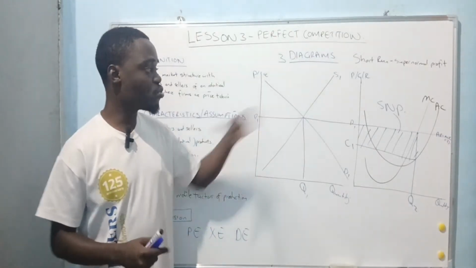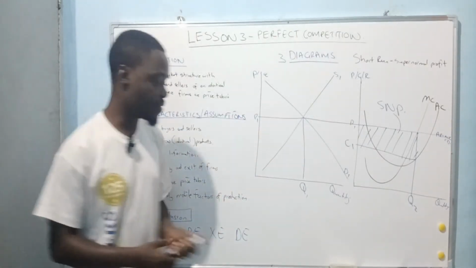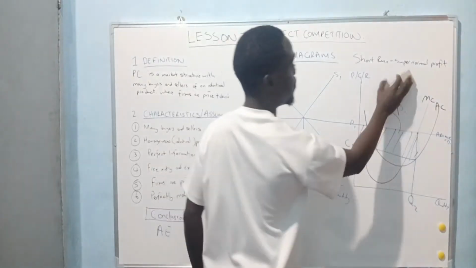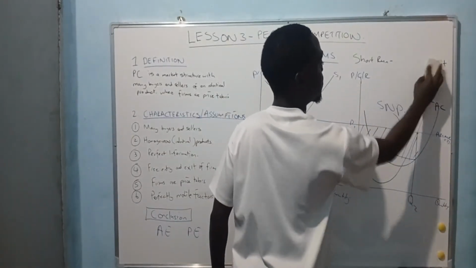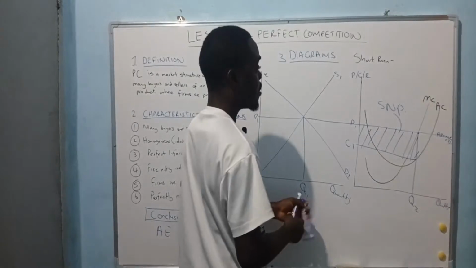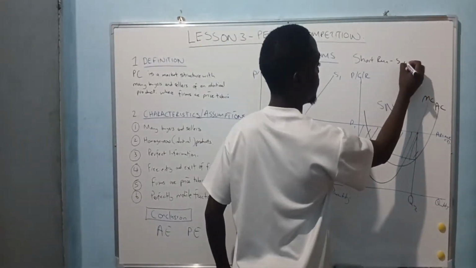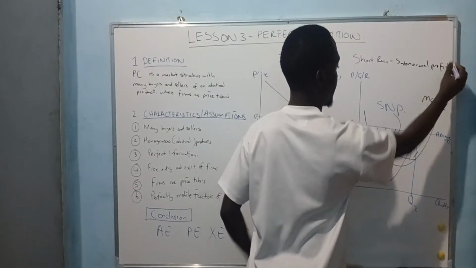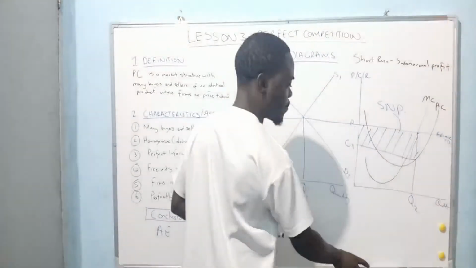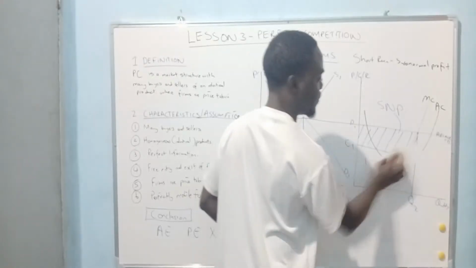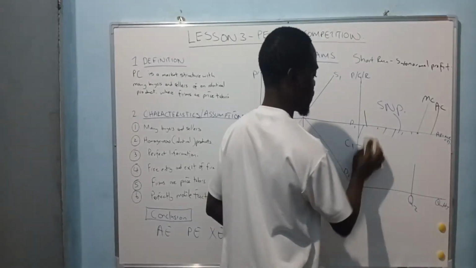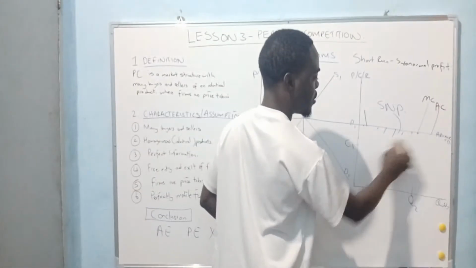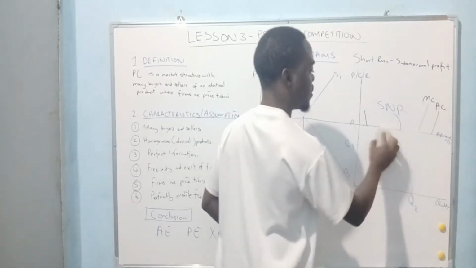So let's now try to draw the diagram of subnormal profits. This diagram we are going to be drawing. So let me just wrap this. This is now subnormal profit. So I'm going to remove this diagram here. First, I'm going to remove this part. Okay, all right.